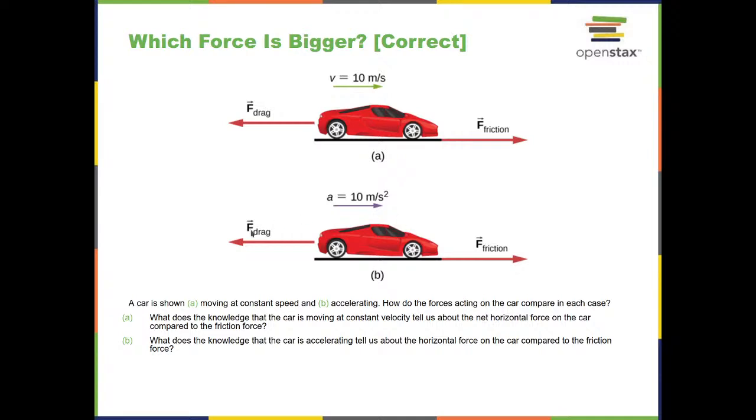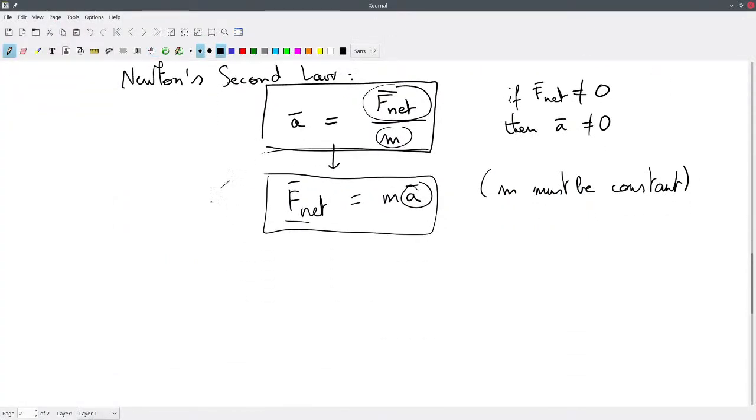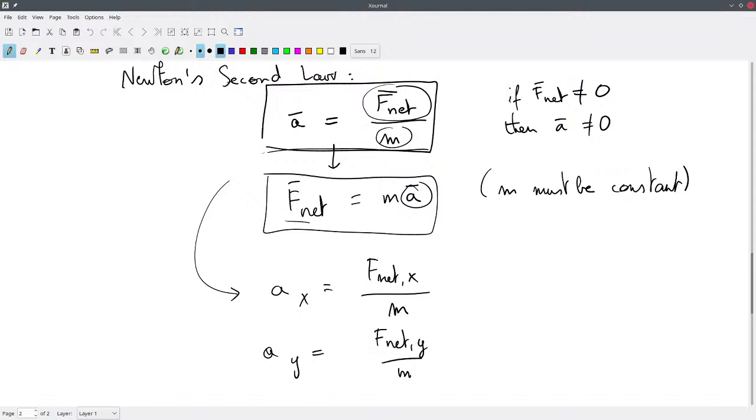In this case, we can treat this as a one-dimensional problem. The net force will be along the horizontal direction because the acceleration is along the horizontal direction. But obviously, we'll also want to treat this as a vector law. So we'll be able to split this into an x component, which is the x component of the net force over the mass, and a y component, which is the y component of the net force over the mass.